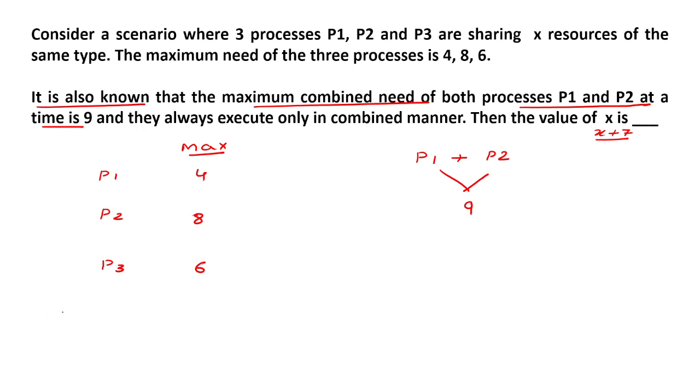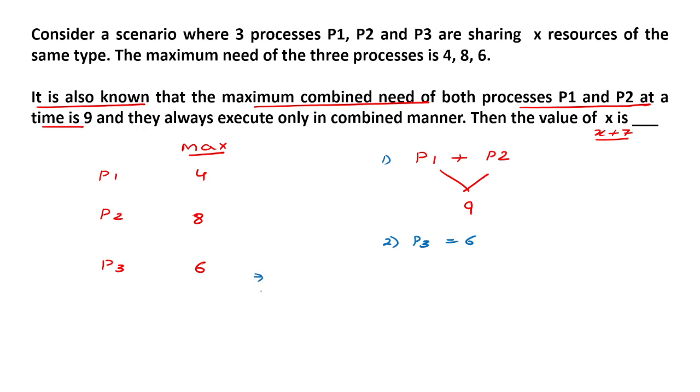At first you have to understand the question clearly. They said P1 and P2 combined have the maximum need 9 and they always execute only in a combined manner. So P1 plus P2 is 9, and P3 is 6.